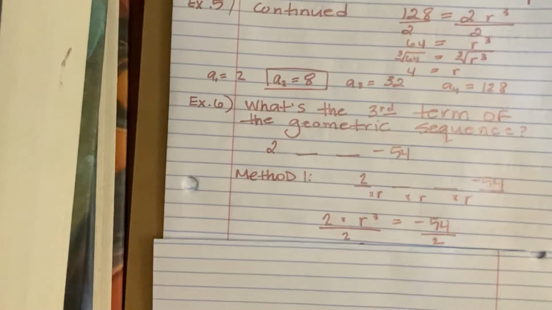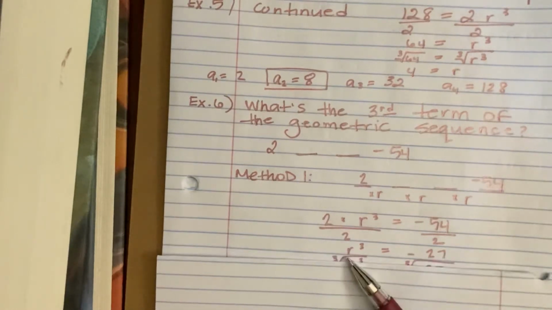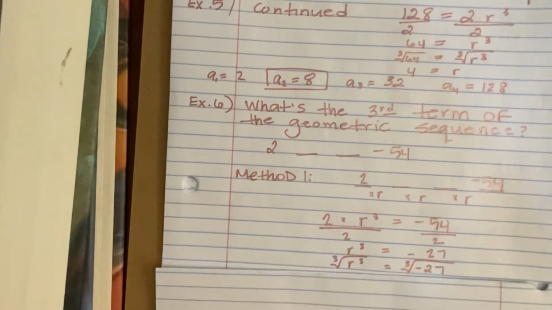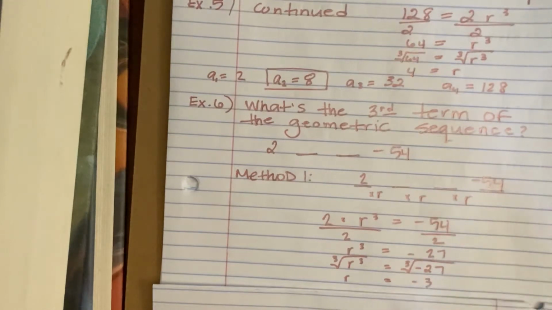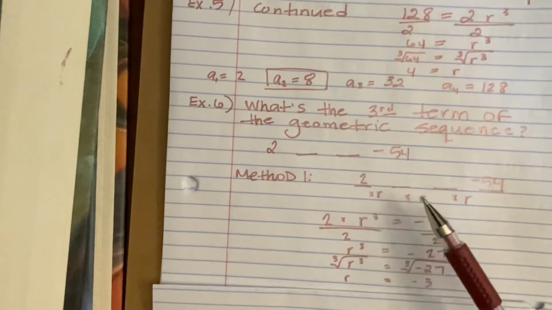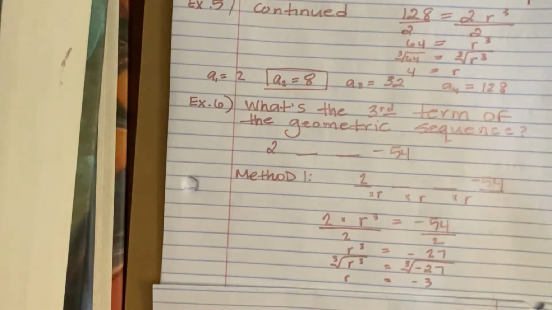These 2's will cancel. So now it's r cubed is equal to negative 27. We'll take the cube root of both sides. The cube root and the cube cancel, and the cube root of negative 27 is negative 3, which means we're multiplying by negative 3 to get from term to term.